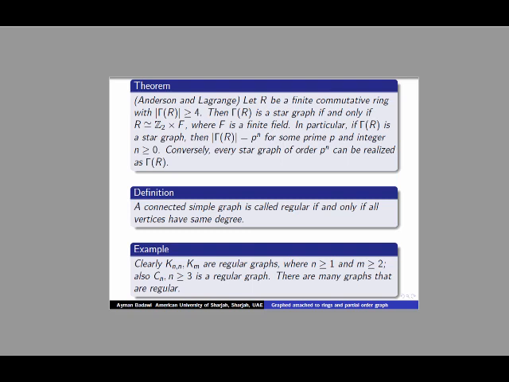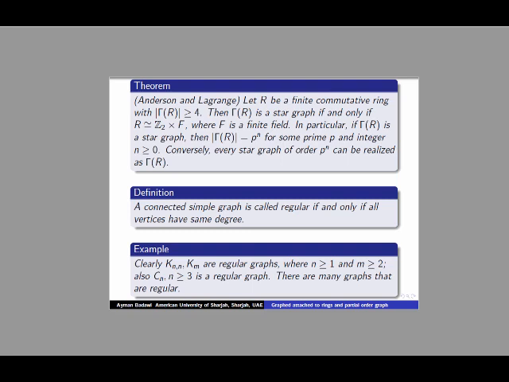All right, so let's start with some basic properties of the zero divisor graph. What are these basic properties? Like the zero divisor graph is a star graph. What does it mean, a star graph, by the way?